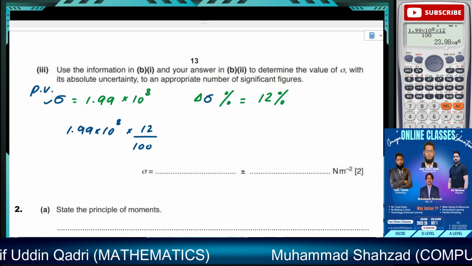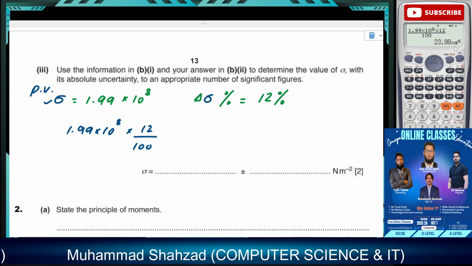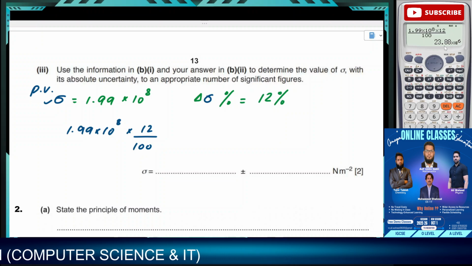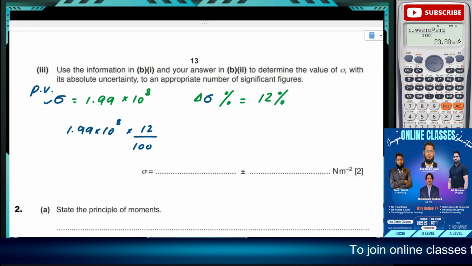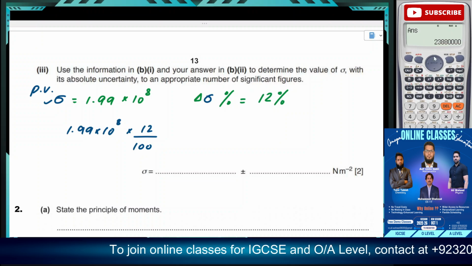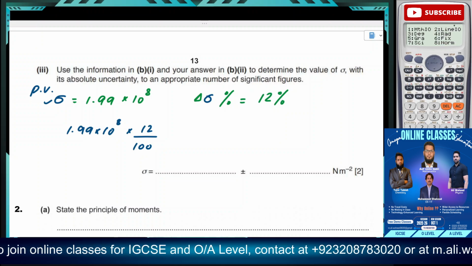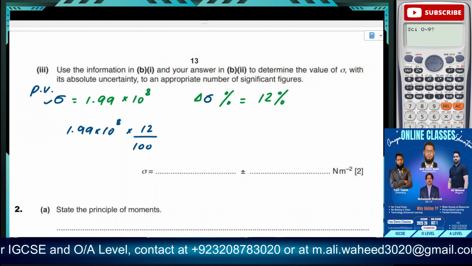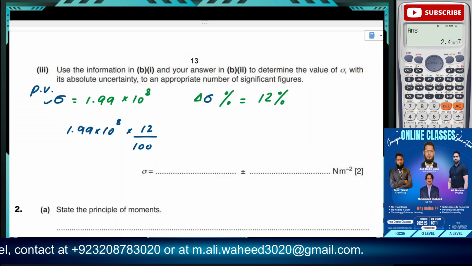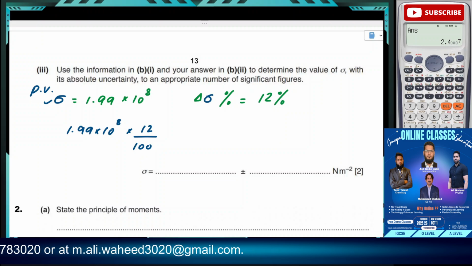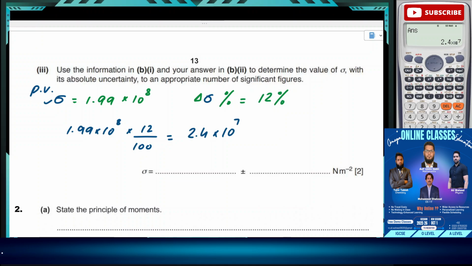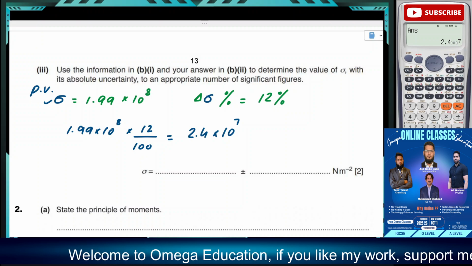Sorry, if I write 2.3, it would be 2.3 into 10 raised power 7, because 23.2 into 10 raised power 6 can also be written as 2.3 into 10 raised power 7. The other way is you press shift mode, go to the scientific form, you can write in 2 SF. We get 2.4 into 10 to the power 7. So this is the absolute uncertainty.